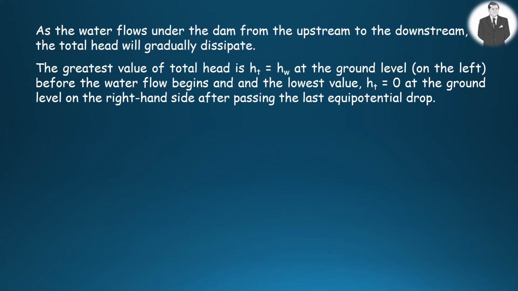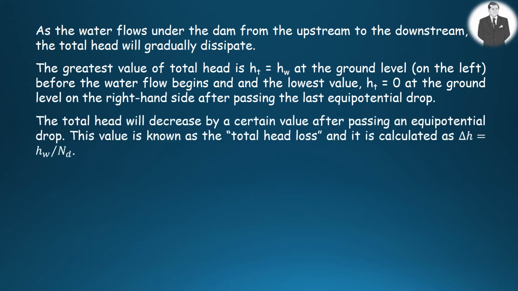The greatest value of total head is at the ground level on the left before the water flow begins, and the lowest value is at the ground level on the right-hand side after the water passes the last equipotential drop. The total head will lessen by a certain value after passing an equipotential drop. This value is known as the total head loss, and it is calculated as HW over Nd.